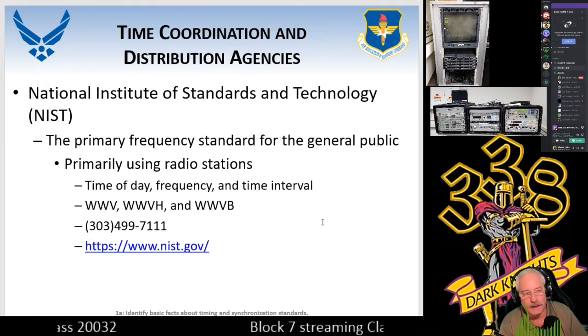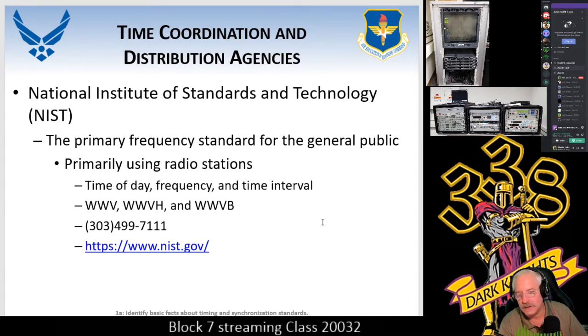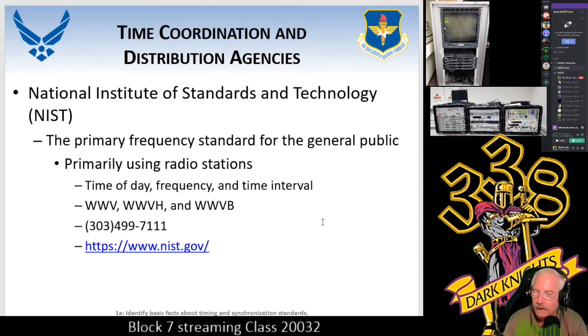Well, when you did, not only can you communicate with them, but there are the primary radio stations for time. These are time hacks, normally on 2.5, 5, 10, 15, and 20 megahertz.